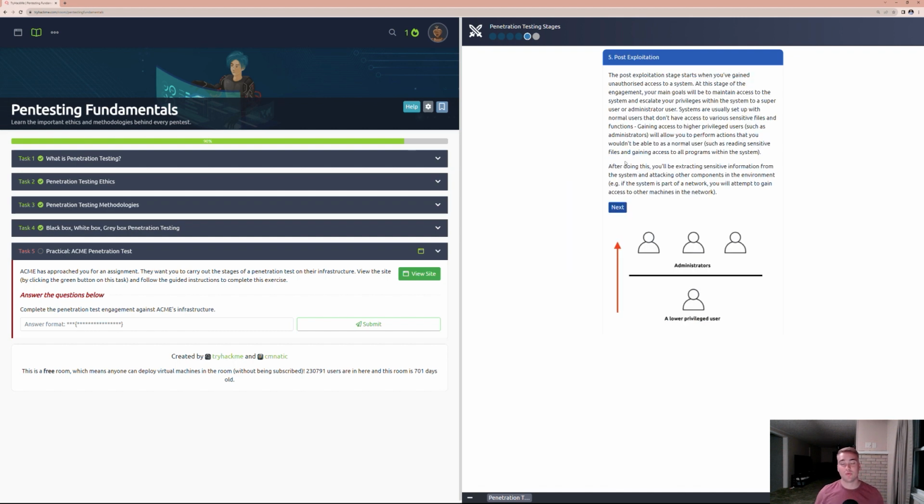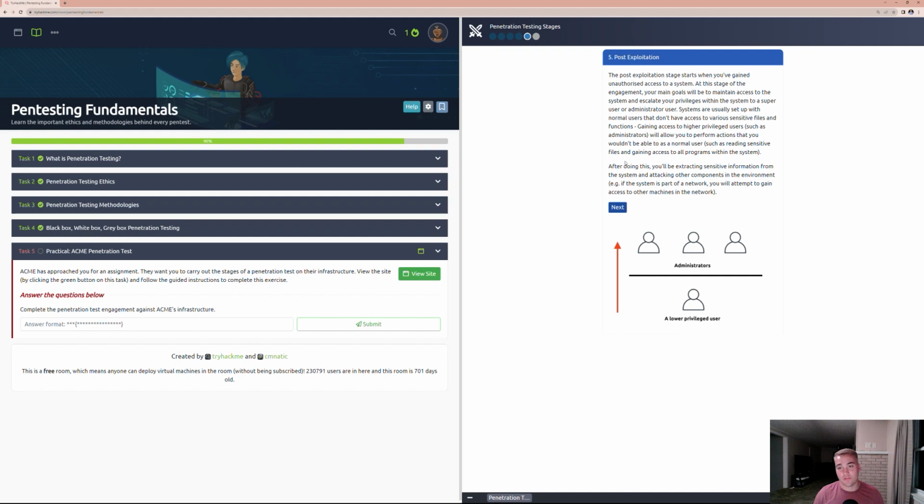So at this point, now you move into the post-exploitation phase, where you have gotten into the server, you compromised that. So now we're going to start working towards all the rest of the different things that we're going to be trying to do, like privilege escalation.